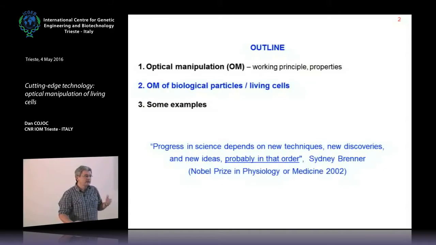And then I will explain how we use this technique to run single living cell experiments. So the outline is in 3 points. I will introduce first the principle and properties, then the particularities of optical manipulation for biological particles and living cells, and then we will go through some examples and we will try to learn something.